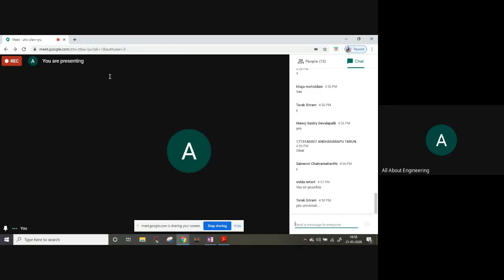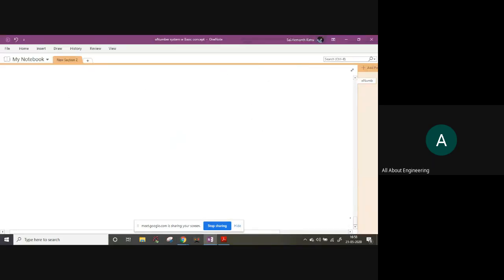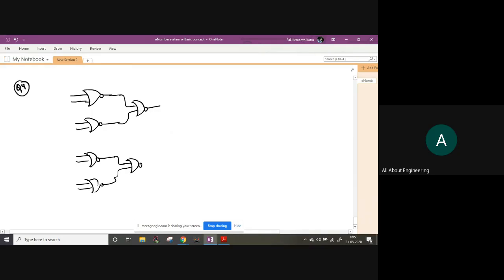Yes, universal. Tarak told, yes, sir, possible. Sidhu also told, okay, two answers so far. If you guys are unable to get or to verify those things, you let me know. I will explain that gate also.